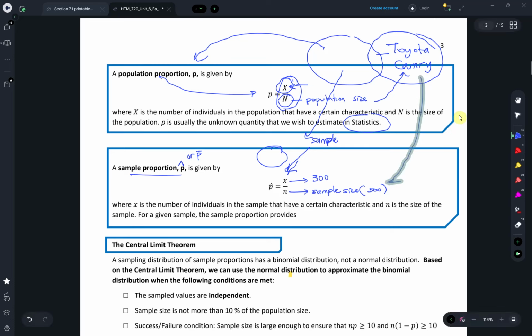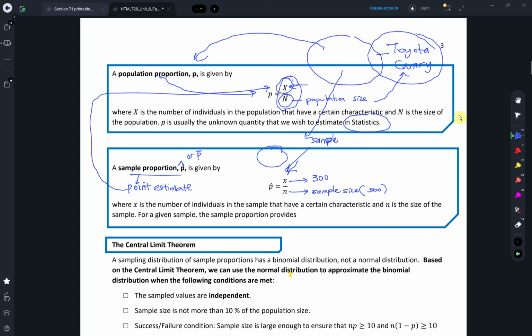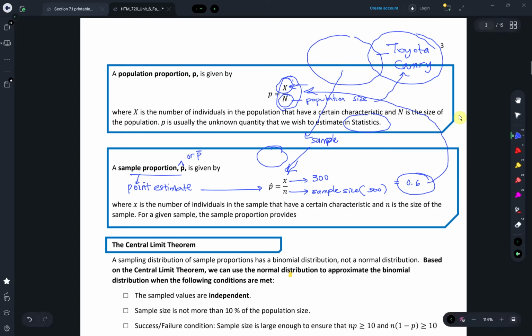So our point estimate of the original unknown quantity, which is the population proportion, is our sample estimate, and that is going to be x over n, or 300 divided by 500, which is 0.6. This value is a point estimate of the unknown population characteristic, or the unknown population parameter.